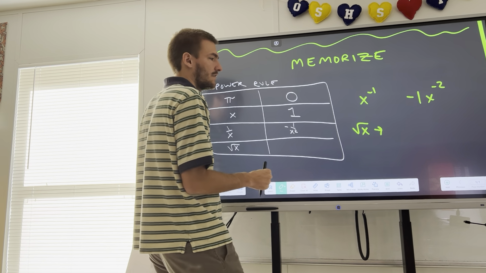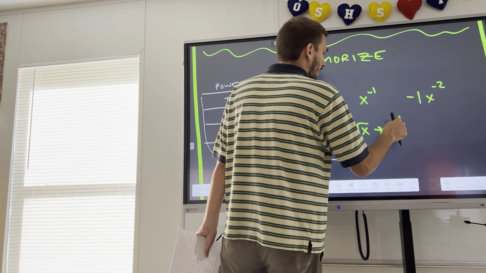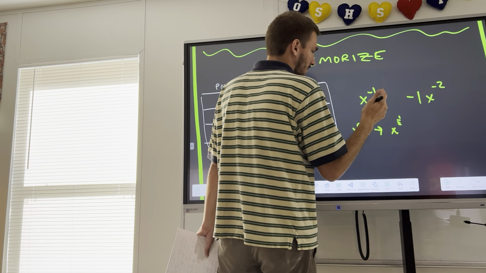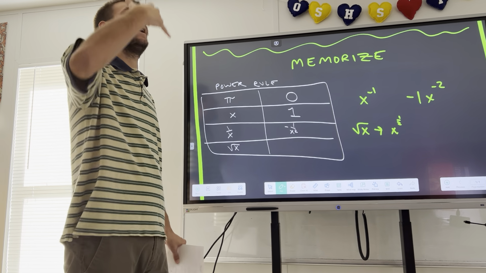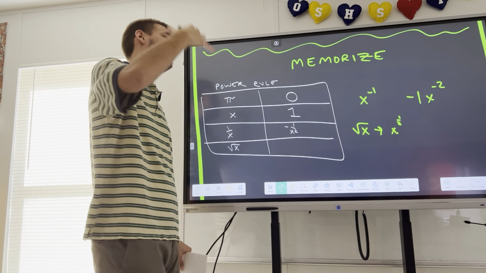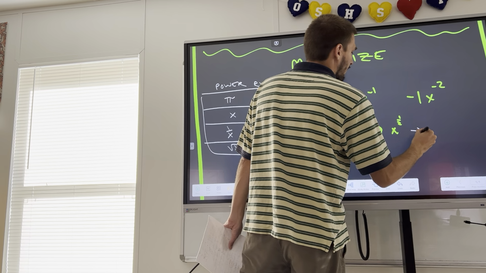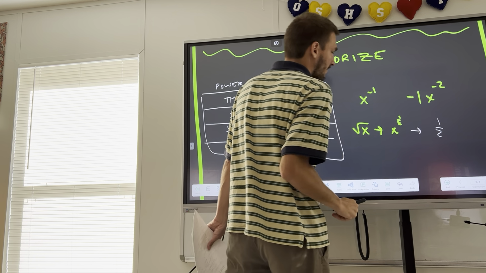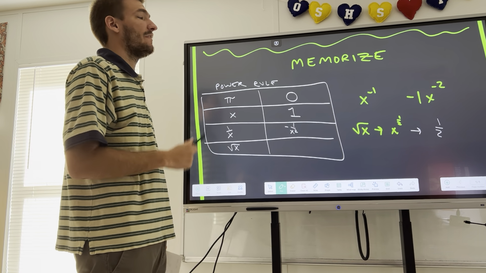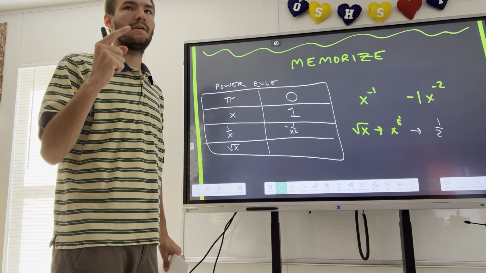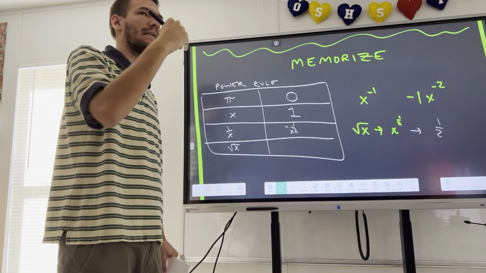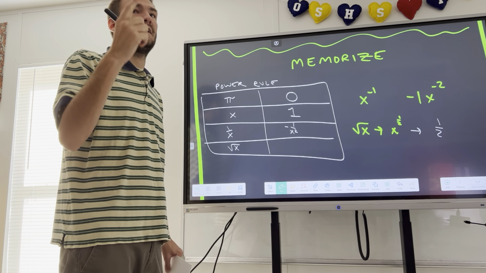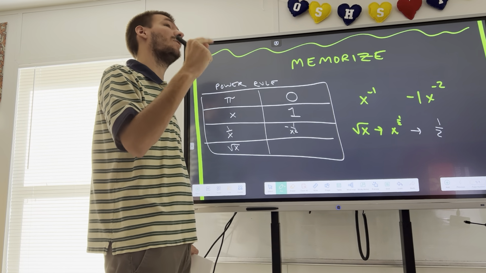X to the 1/2 power. And then now we can use the power rule. That 1/2 goes in front. So we're going to have 1/2. Then we subtract 1 from that exponent. And so what is 1/2 minus 1? Negative 1/2.